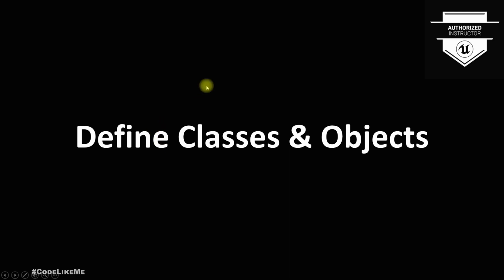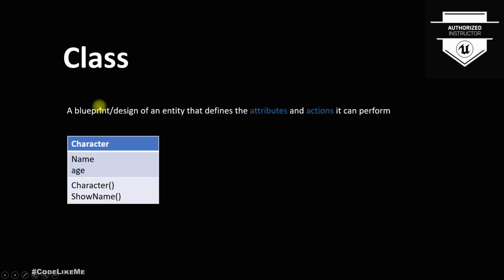Alright, let's first consider classes. A class is a blueprint or a design of an entity that defines the attributes that it can have and the actions it can perform. In this answer, I tried to avoid programming jargon because I wanted it to appear like a more general explanation.